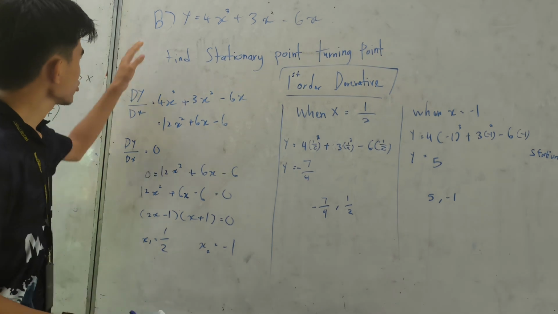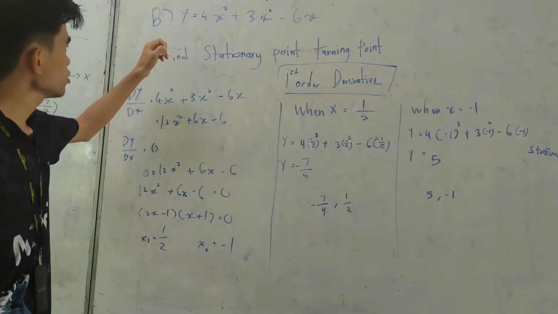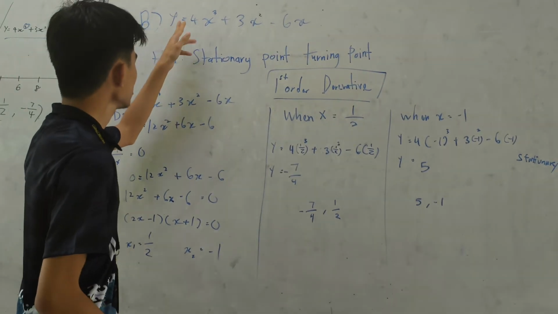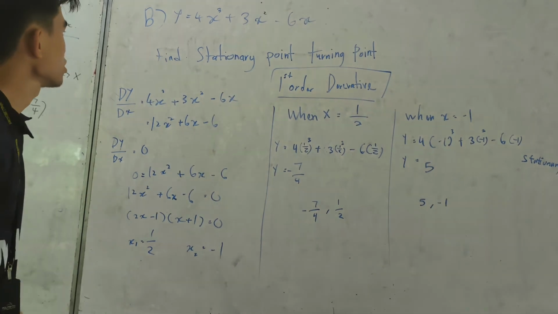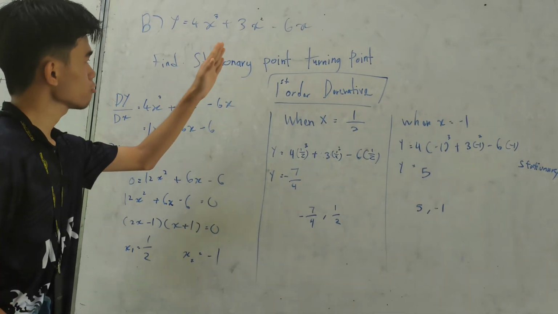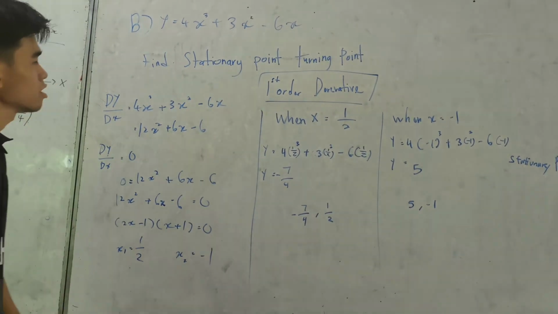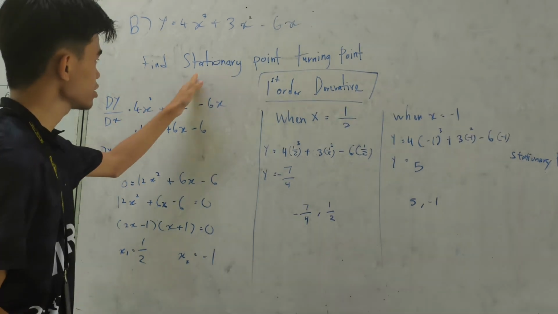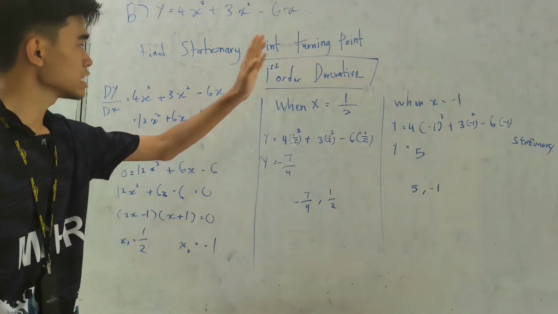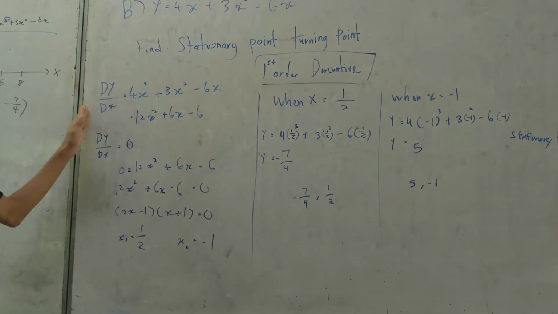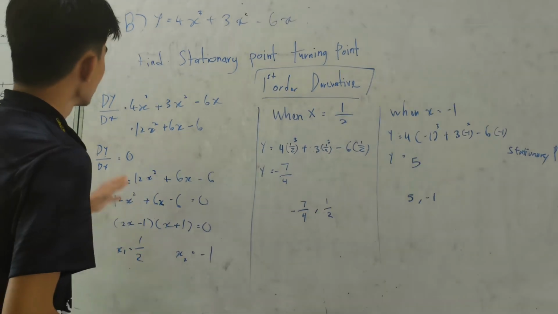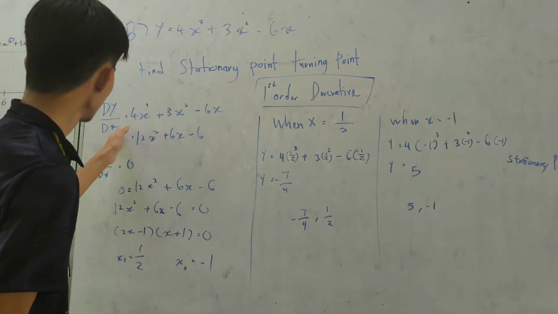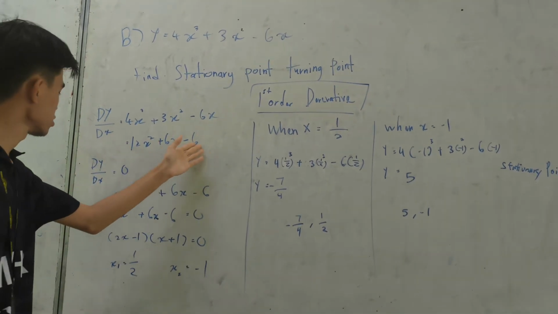Now, question B is y equals 4x cubed plus 3x squared minus 6x. The first step usually is to find the stationary points using the first order derivative, dy over dx. We insert this into the equation and get this answer.